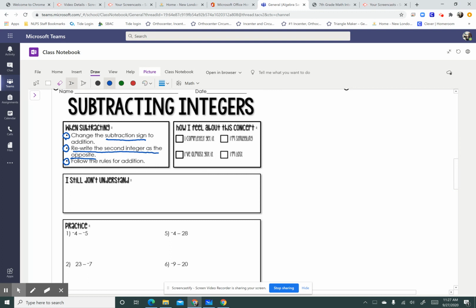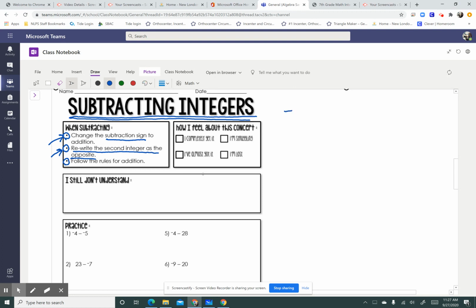Okay, students, we're ready to start our lesson on subtracting integers. We have 2 additional rules to learn today about integers. The first rule is that we will change the subtraction sign to addition when we do our work. The second rule is that we will rewrite the second integer as the opposite of what it was.